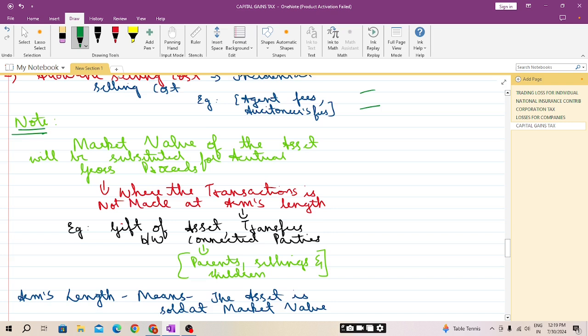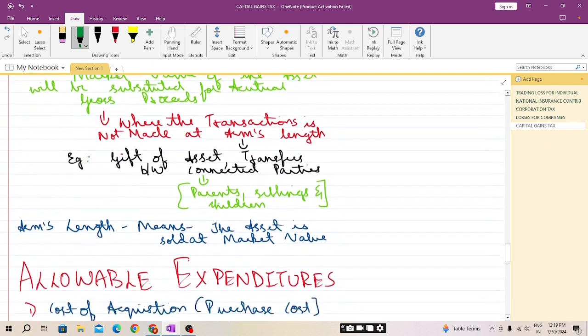If the asset is not sold at market value, then we will consider the market value for the disposal proceeds. Examples are a gift of an asset and a transfer between connected parties. In this case, the transaction will not be at arm's length, so the disposal proceeds will be the market value at the date of the sale.